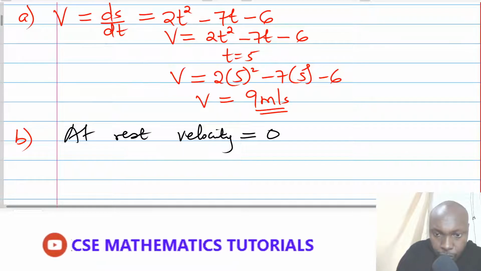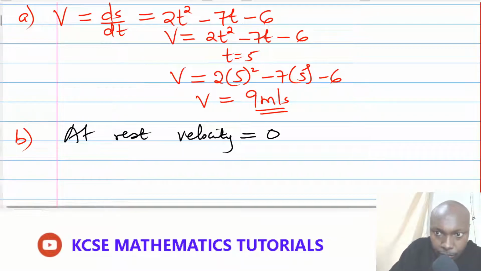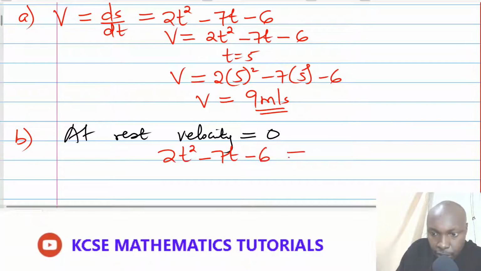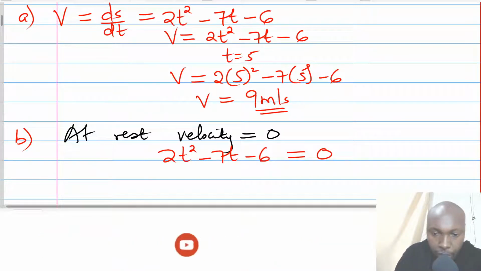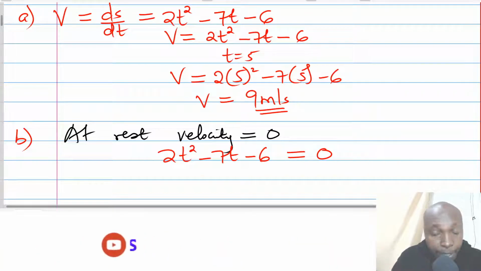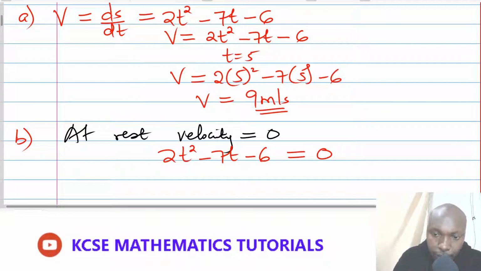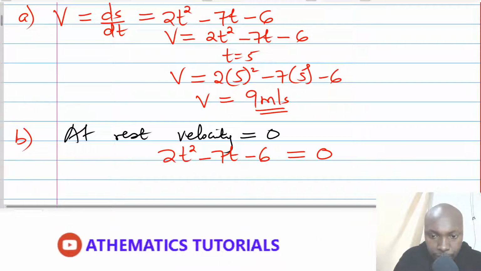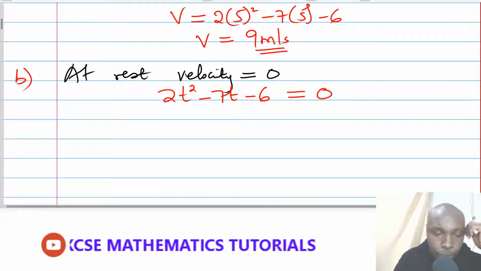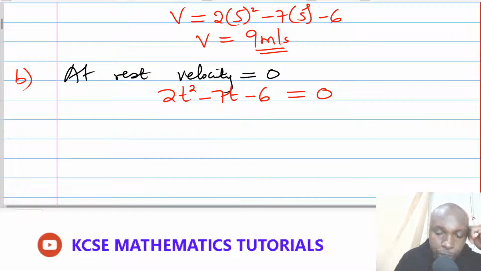So we take this expression for velocity, 2t squared subtract 7t subtract 6, and we equate it to 0. V equals 0 when the particle is at rest. You notice that this will give us a quadratic equation. We need to decide on the best way to solve this.